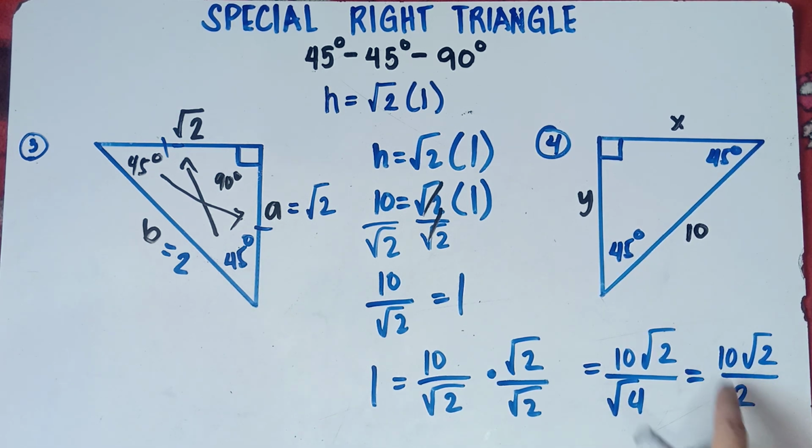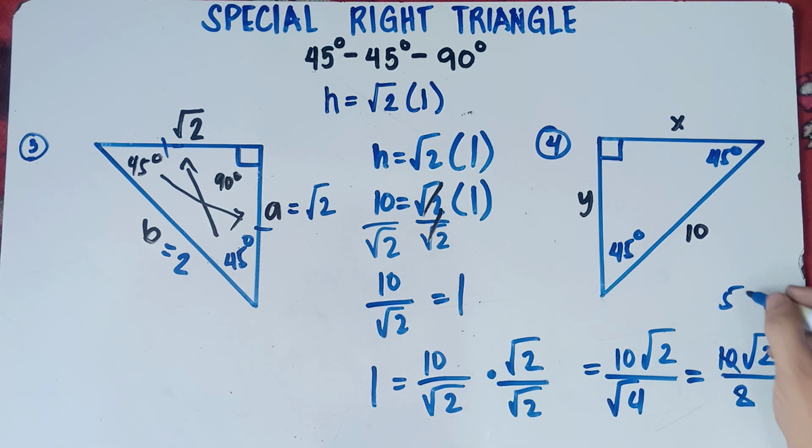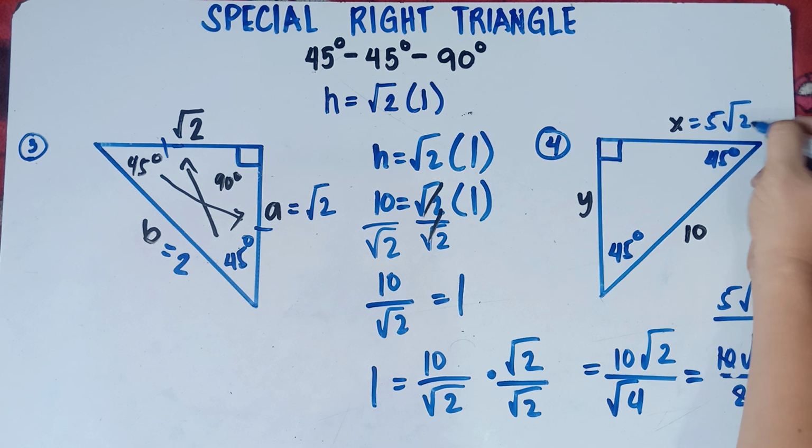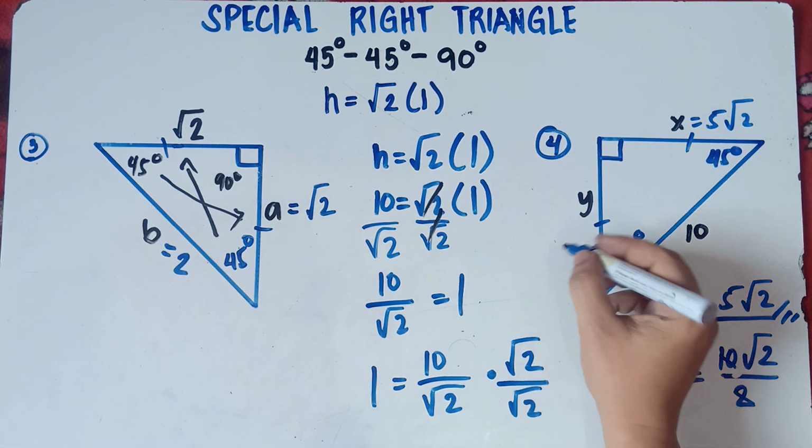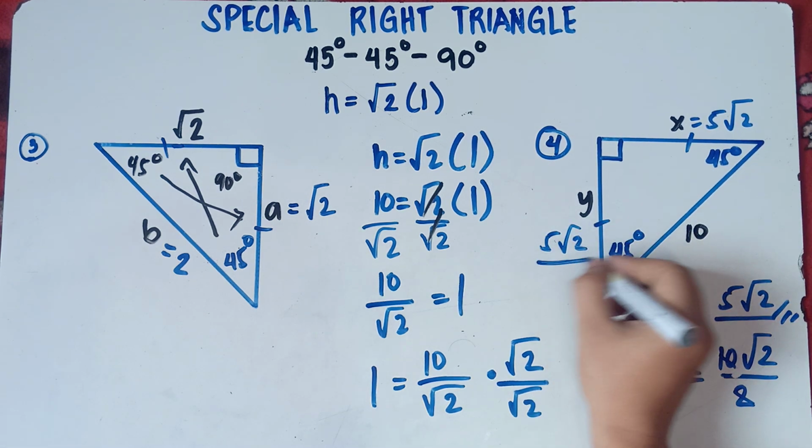So check, class, can we divide the whole numbers 10 and 2? Yep, 10 divided by 2 is 5. Then simply copy square root of 2. So therefore, this side is 5 square root of 2. And of course, they have the same measure. So y is also 5 square root of 2.